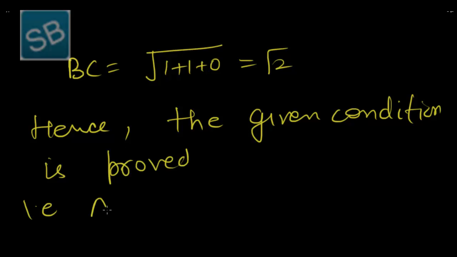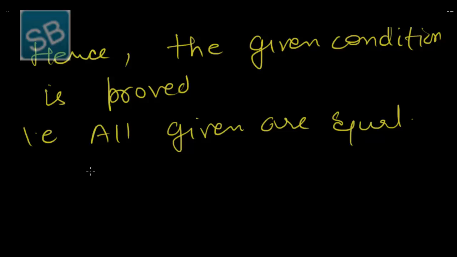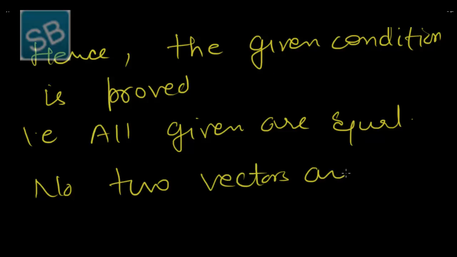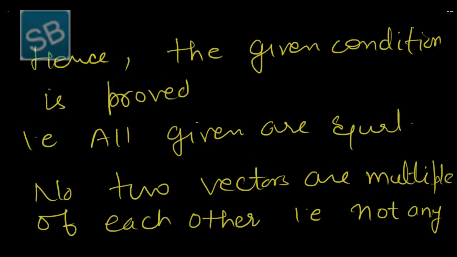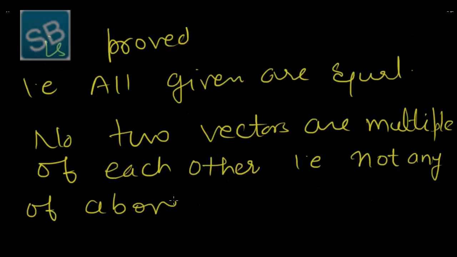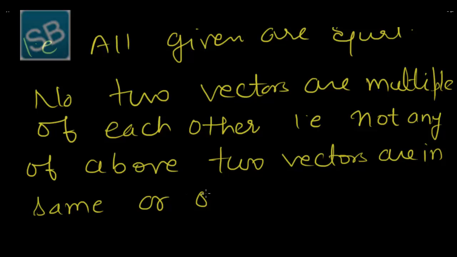That is, all given sides are equal. But if we see, no two vectors are multiples of each other, that is, not any of the above two vectors are in the same or opposite direction.